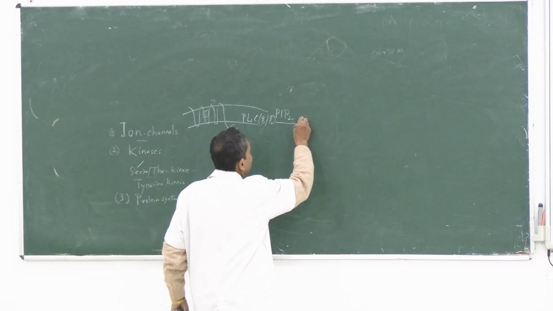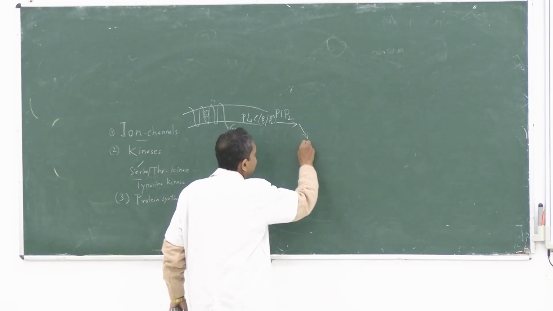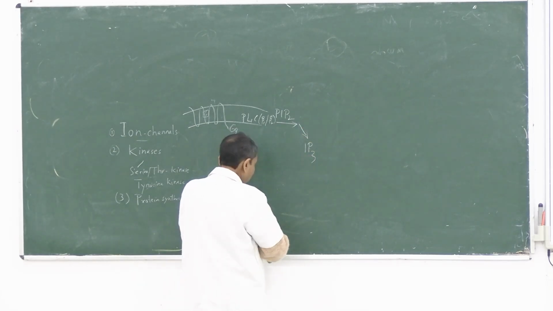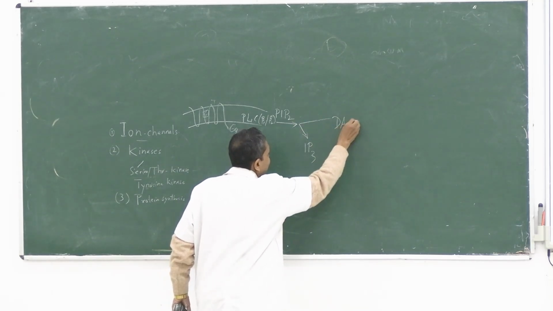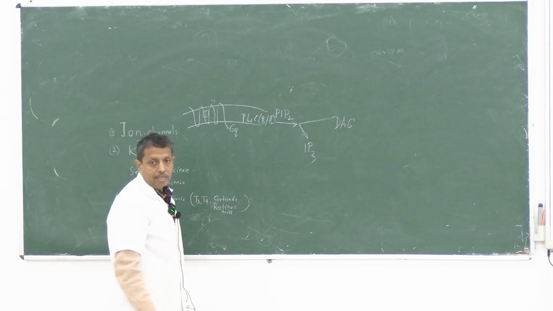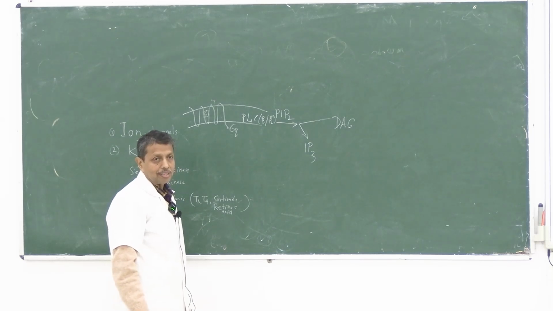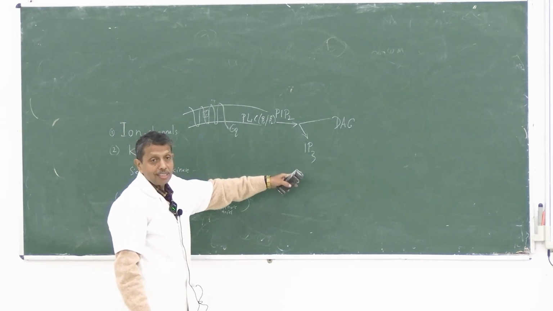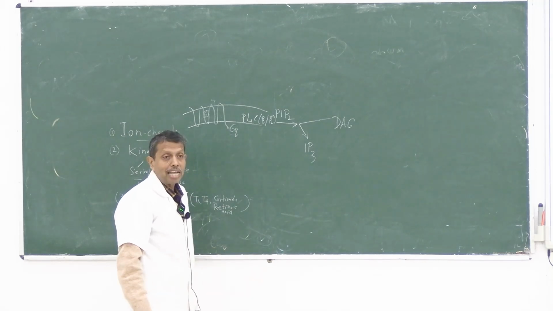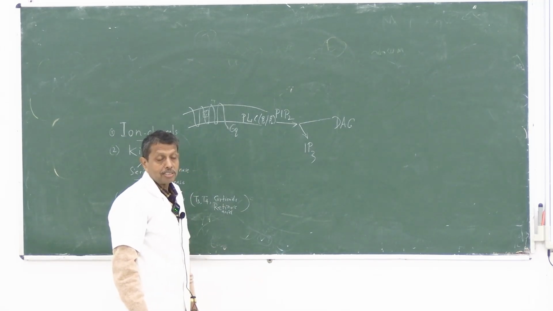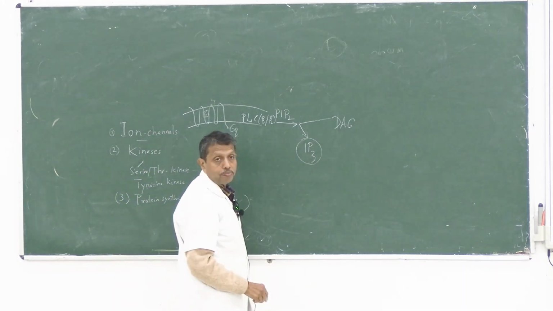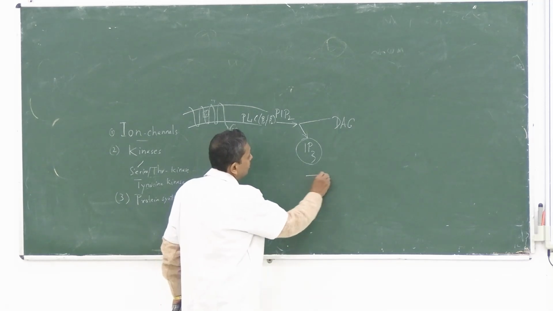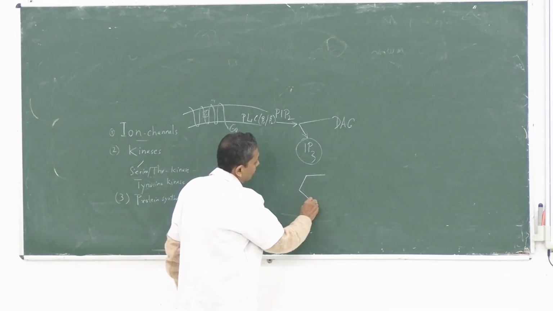PIP2 gives rise to IP3, inositol triphosphate, and diacylglycerol, DAG. Inositol is hexahydroxy cyclohexane, and it is then liberated. The structure is like this, you will find it in your text.